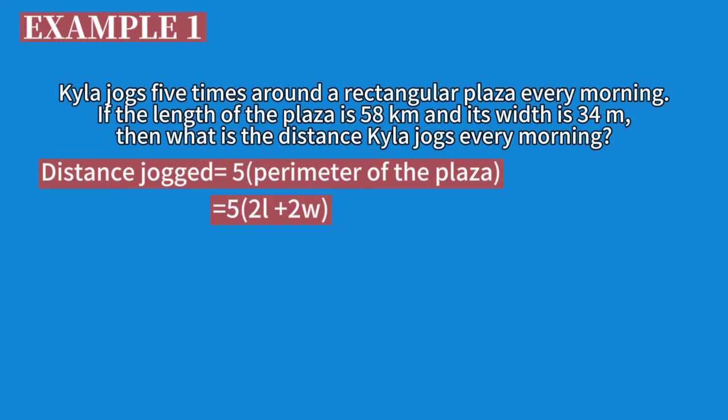Next step is 5 times the formula of the perimeter of a rectangular plaza, which is 2L plus 2W. That L means length and the W means width.